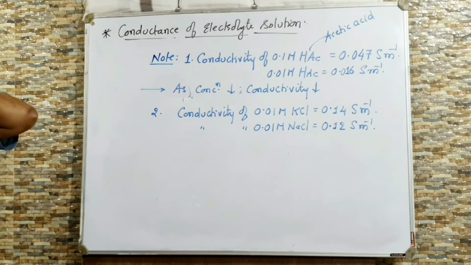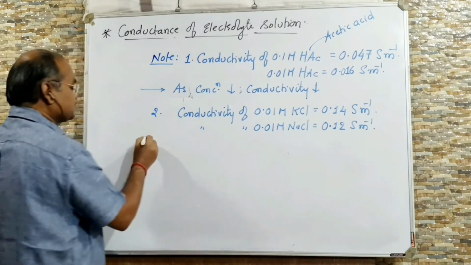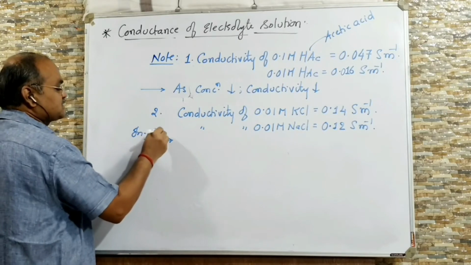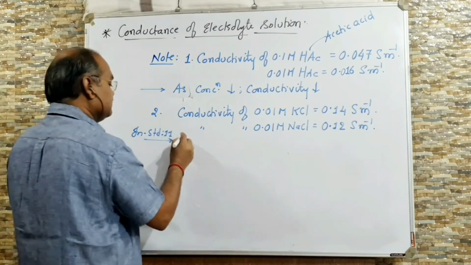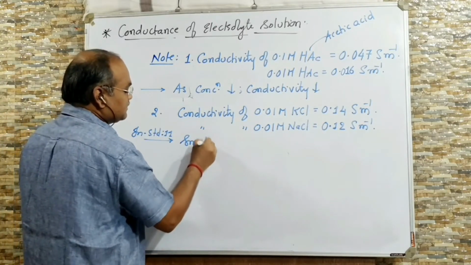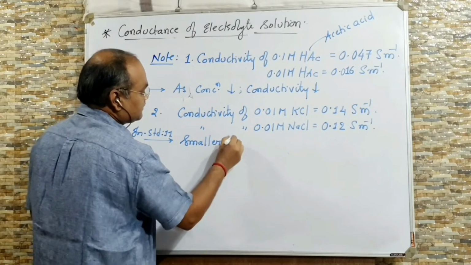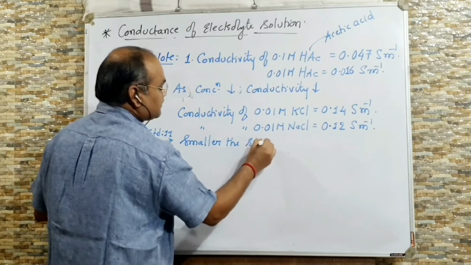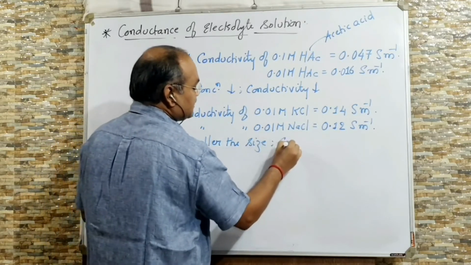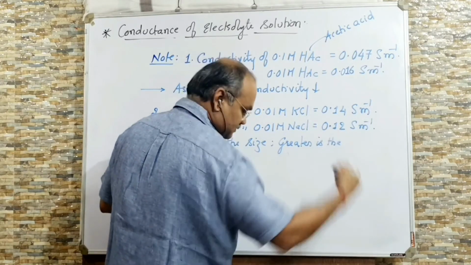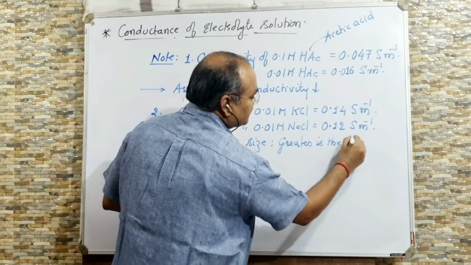Can we say that smaller the size, more will be the hydration enthalpy, which you have studied in 11th? In standard 11th, we have studied that smaller the size, greater is the hydration enthalpy.